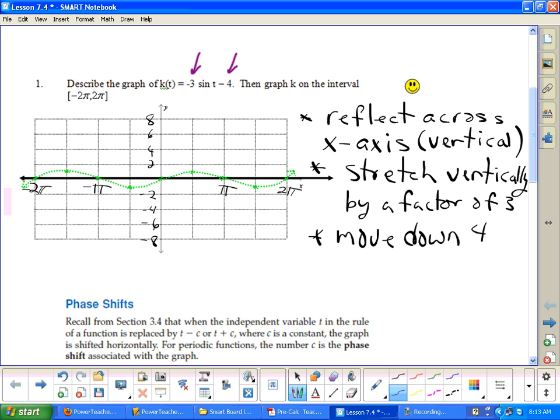So we'll start right at the origin, at 0. What's 0 times -3, and then -4? Negative 4. So this point that was at 0 is now going to be at negative 4. The one that's at positive 1: positive 1 times negative 3 is negative 3, and negative 3 minus 4 is negative 7.